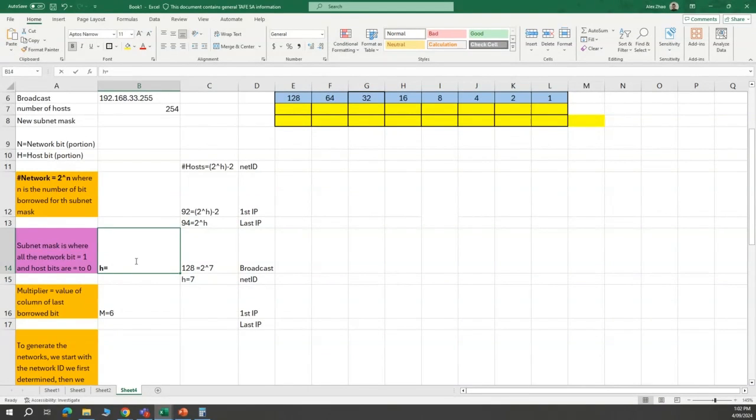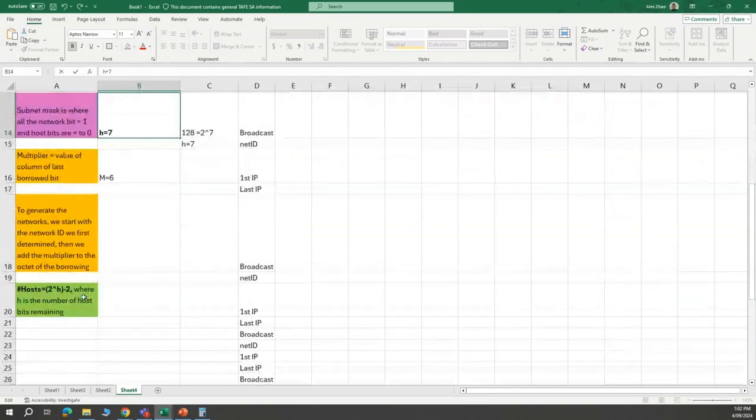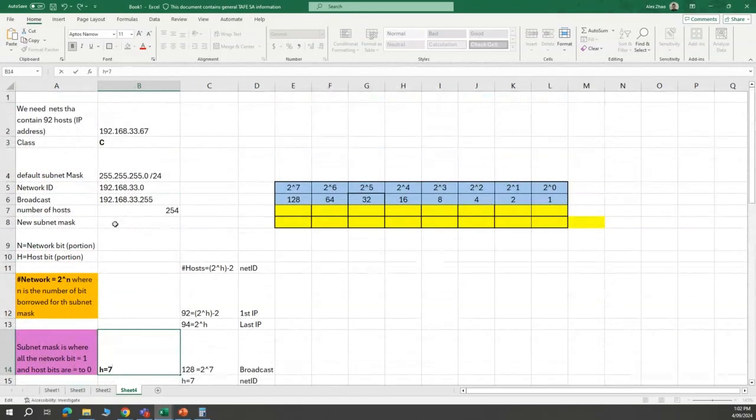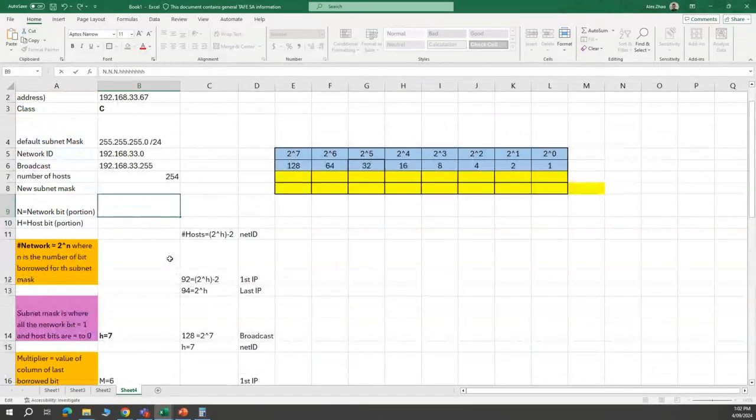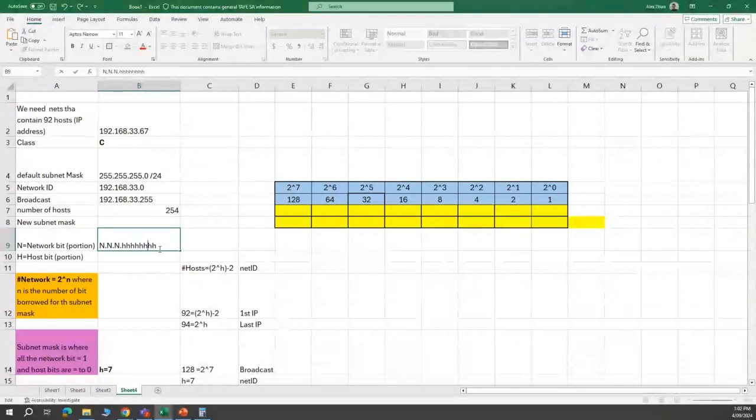Then we write that down and we read the definition of h. H is the bits remaining. If we look at this, the default network portion is n.n.n.h, which is 8 h's, and it's saying 7 h's remaining. So number of host bits remaining: 1, 2, 3, 4, 5, 6, 7.